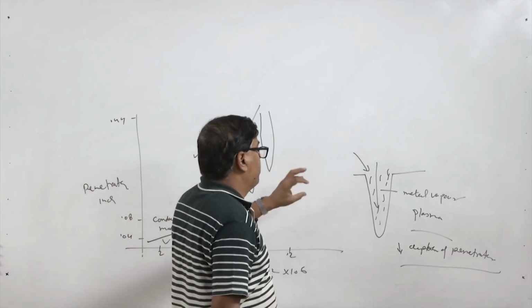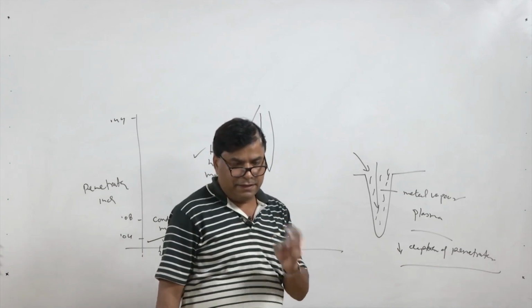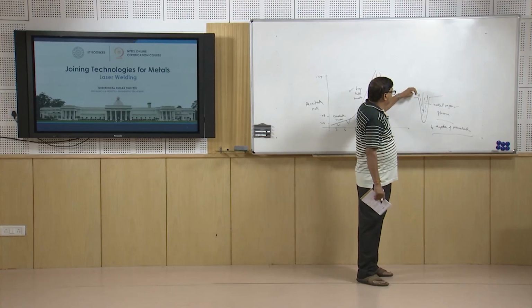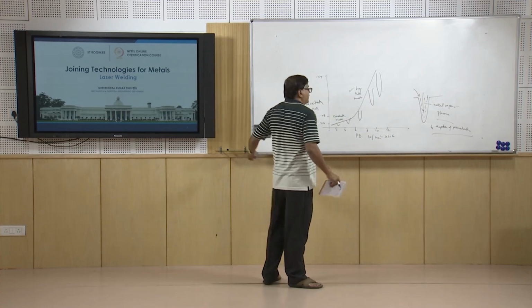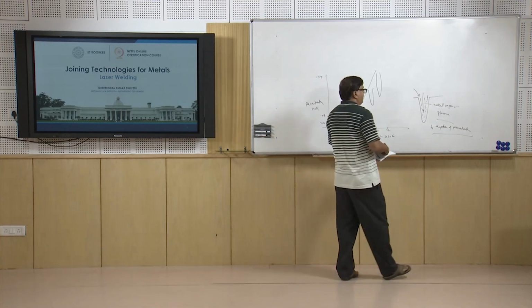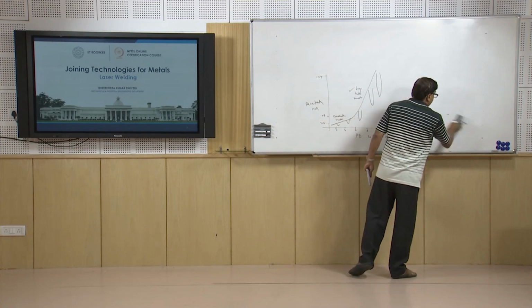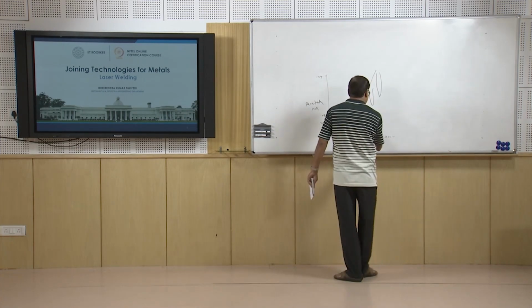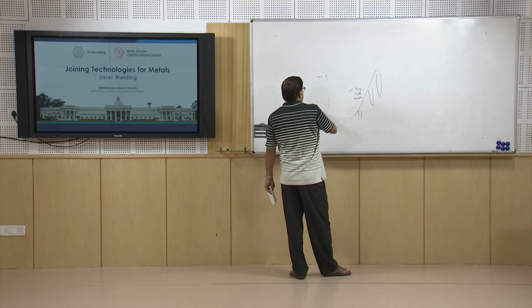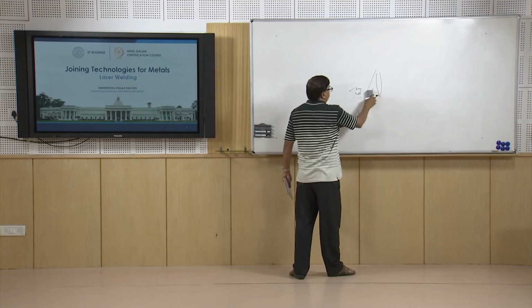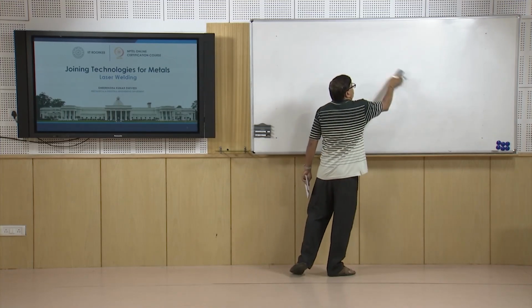Proper care is taken during this process, directing the inert gases in such a way that the keyhole is not disturbed, otherwise it will collapse and adversely affect the welding process. So, you have seen that the depth of penetration is affected by the energy density, and the formation of plasma also affects it.